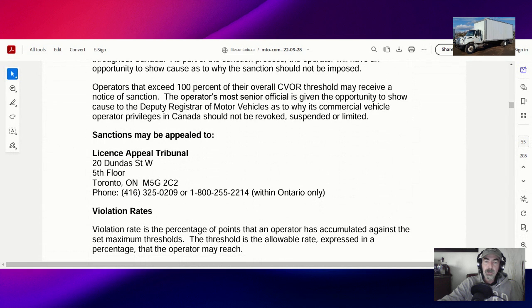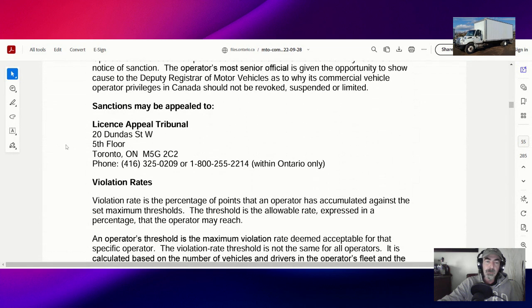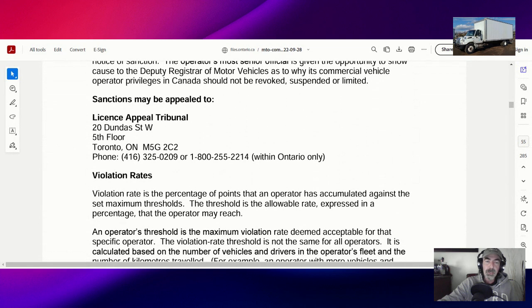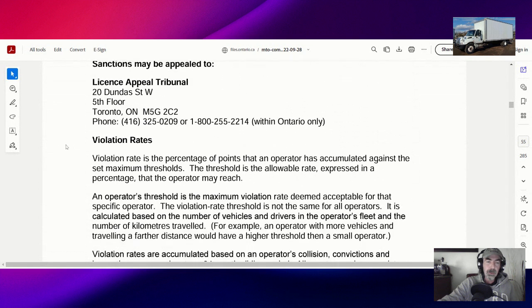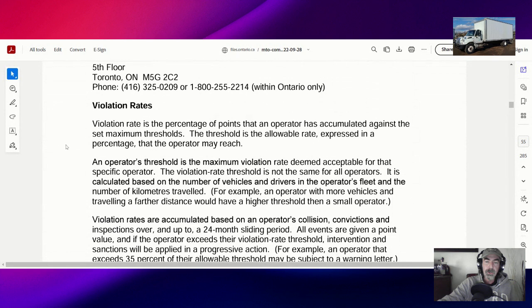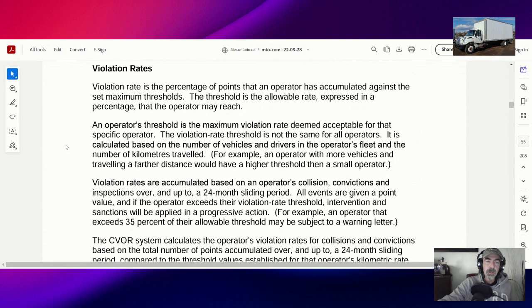The operator's most senior official is given the opportunity to show cause to the Deputy Registrar of Motor Vehicles as to why its commercial vehicle operator privileges in Canada should not be revoked, suspended, or limited. Sanctions may be appealed to License Appeal Tribunal, 20 Dundas Street, 5th floor, Toronto, Ontario, within Ontario only.